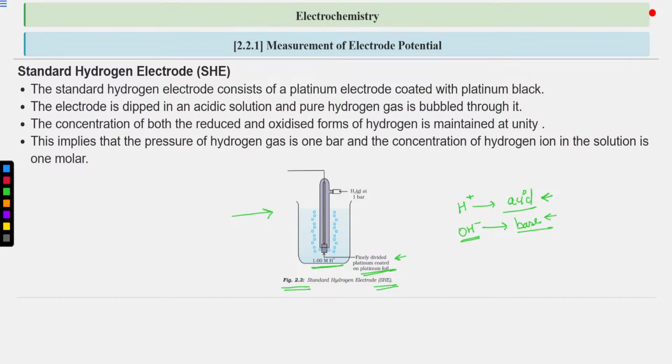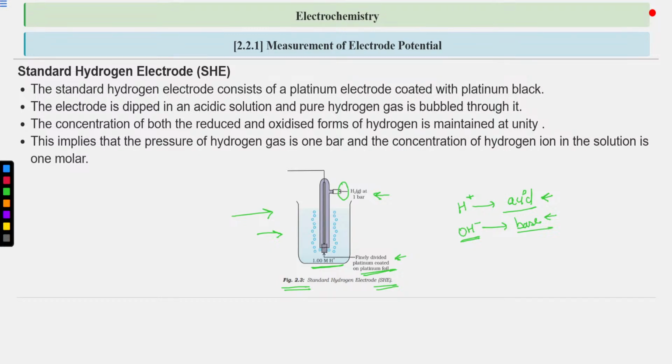In the solution, the reaction is happening for the hydrogen atoms, and the reduction and oxidation happen in the same half cell, and the hydrogen at 1 bar you pass through this opening.